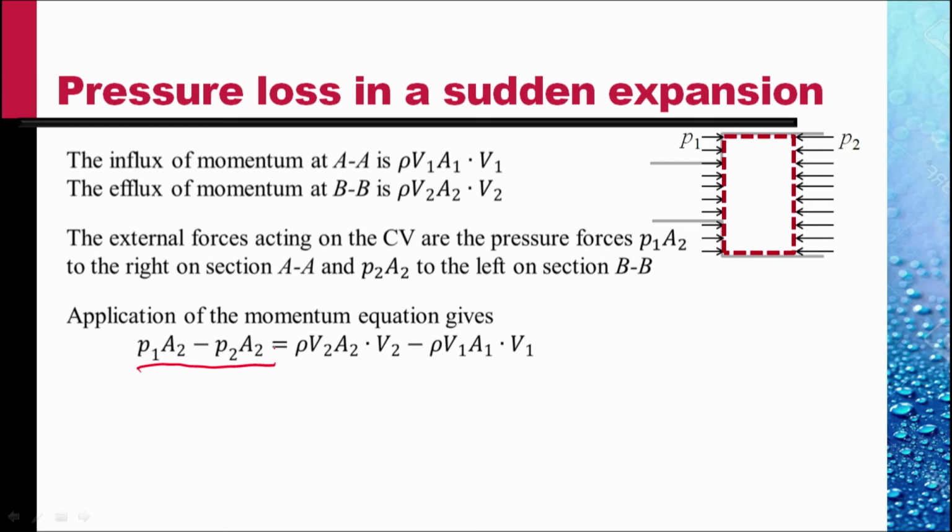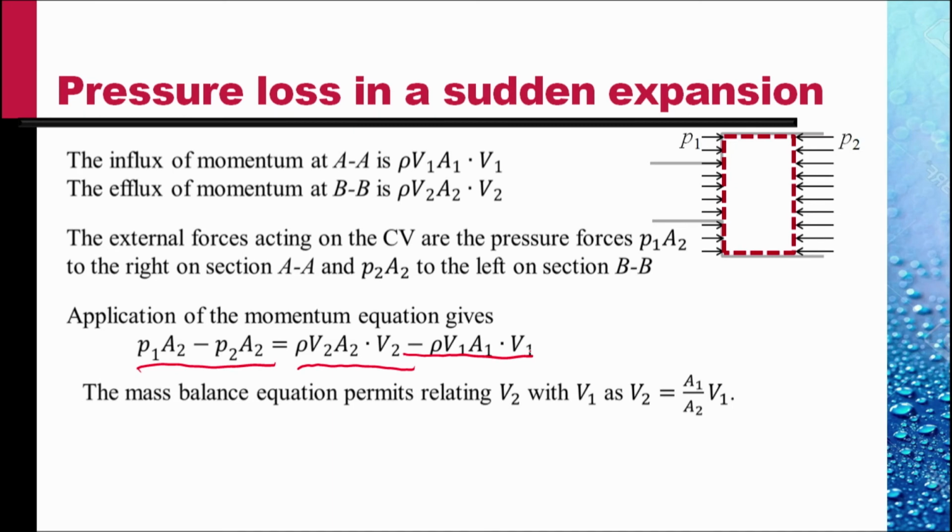So efflux at BB, which is rho V2 A2 into V2, plus the efflux at AA. But the efflux at AA is the negative of the influx at AA, so it is minus rho V1 A1, the mass flux, times the velocity V1.